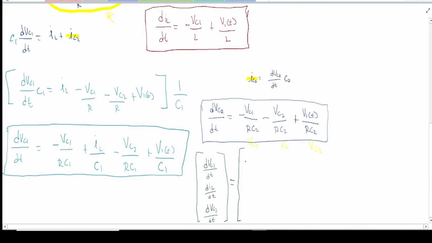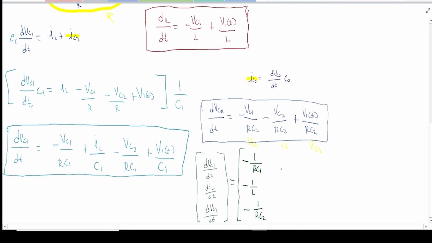So, the VC1 row would be this one, the first equation, minus 1 over RC1. Next would be this one, minus 1 over L. And then the last one would be this one. That's why putting it in matrix form is just an easy step.